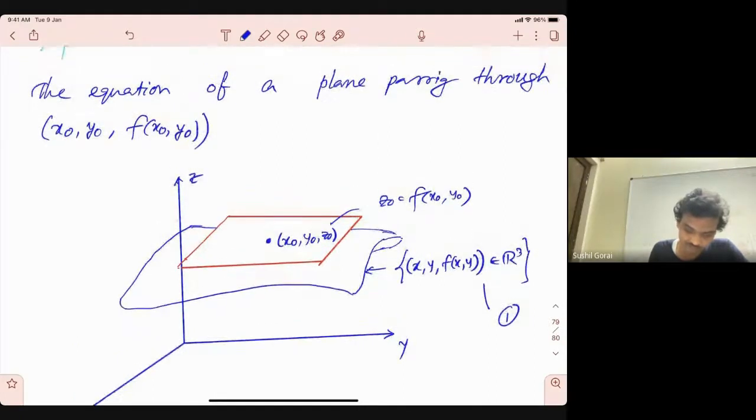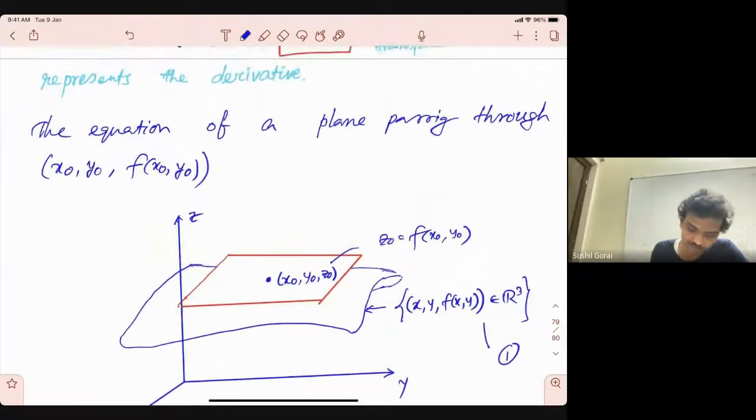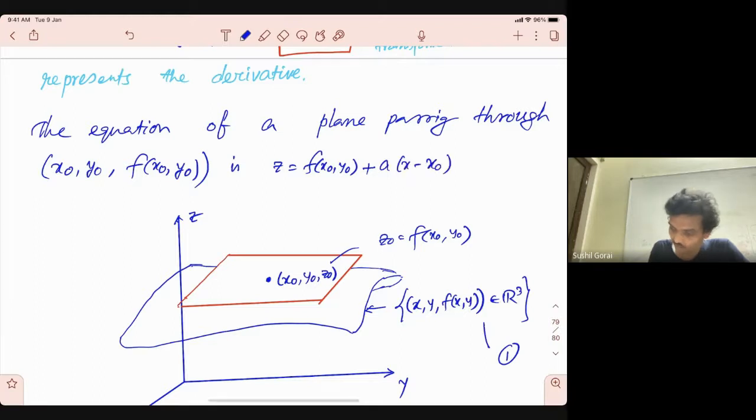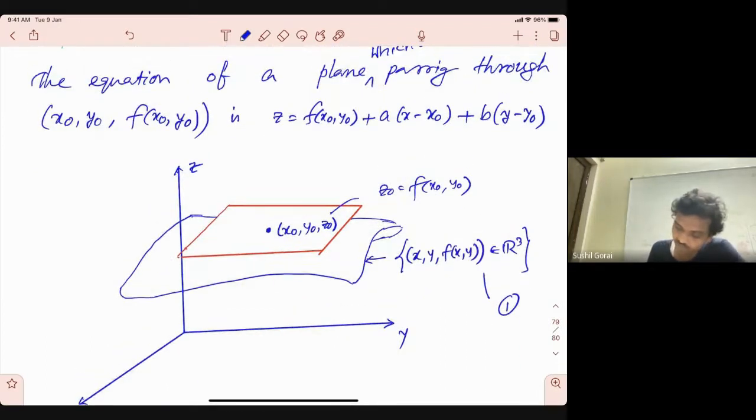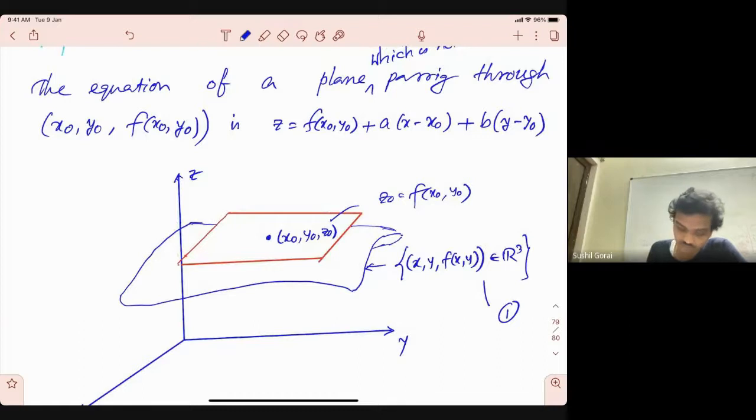So what is the equation of the plane passing through this one? It is z equal to f of x naught, y naught plus a times x minus x naught plus b times y minus y naught. So this is the equation of a plane, of course, which is not vertical. So you know a general equation.